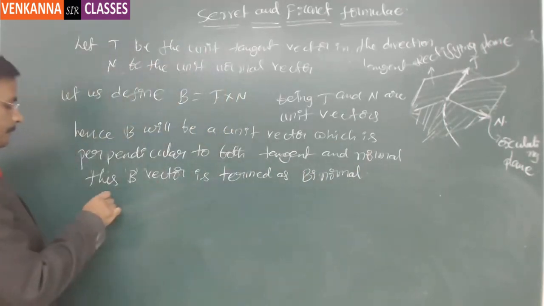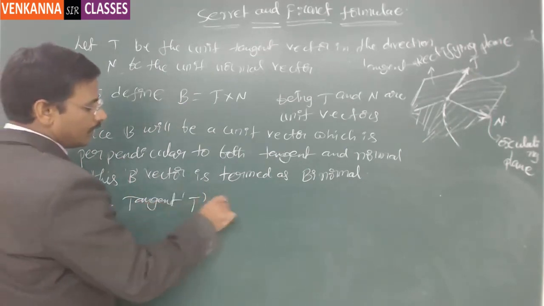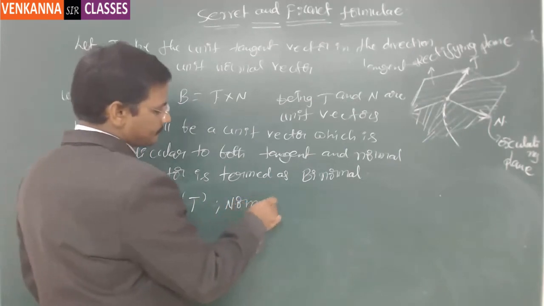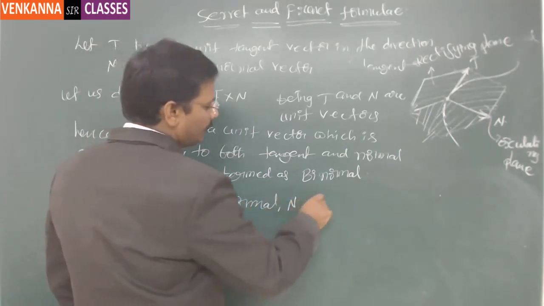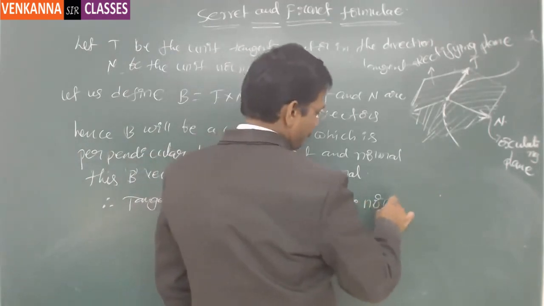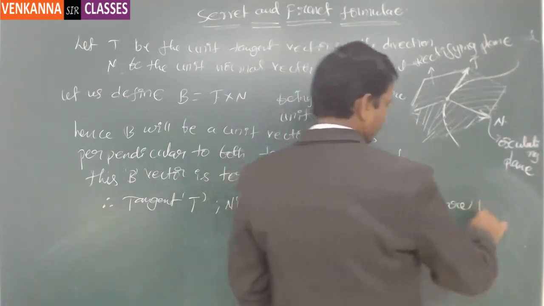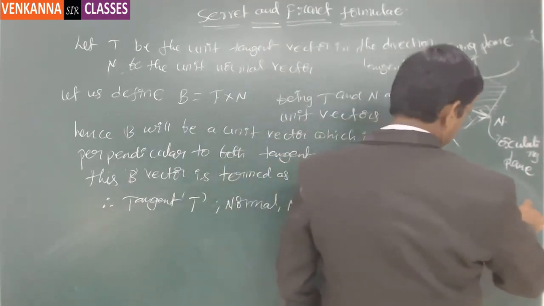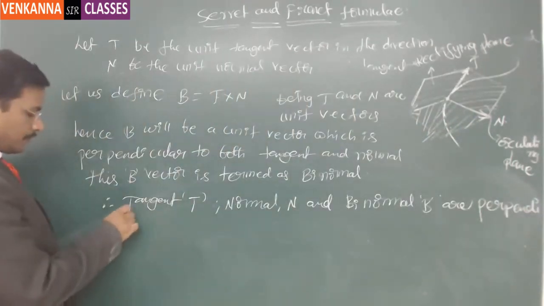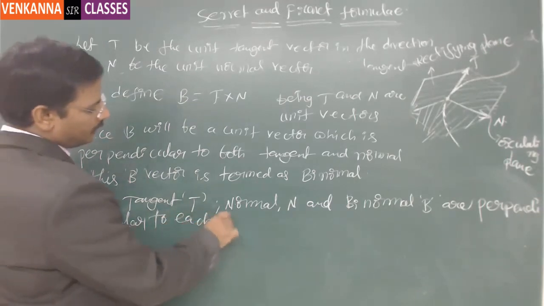Therefore tangent T, normal N and binormal B are perpendicular to each other.